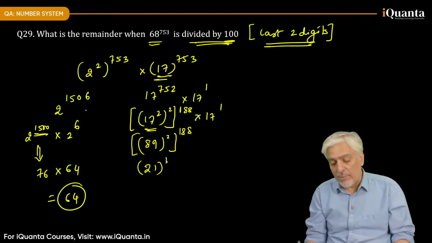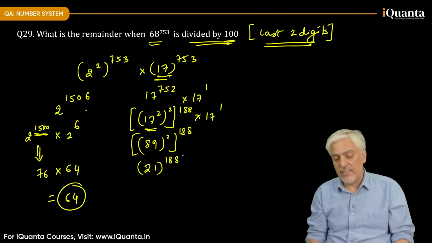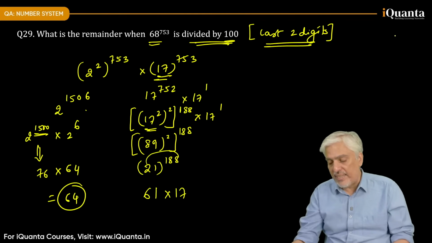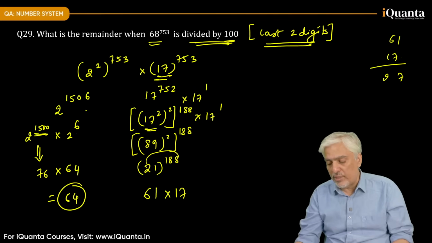21. Now I'm going very fast with this. 1, 2 8s are 16. तो इसका 61. 61 into 17. 7 1s are 7, 7 6 are 42. Check.